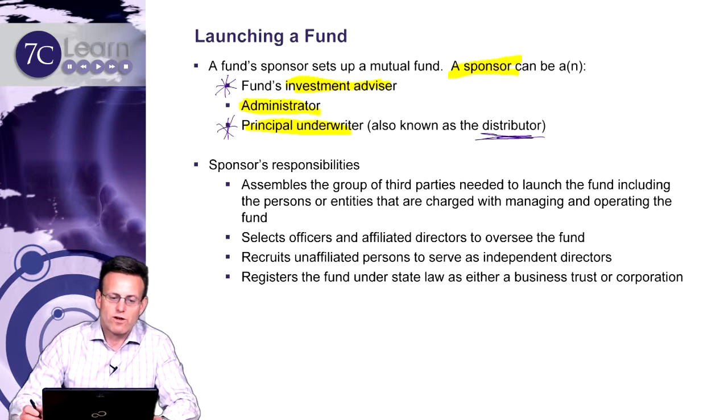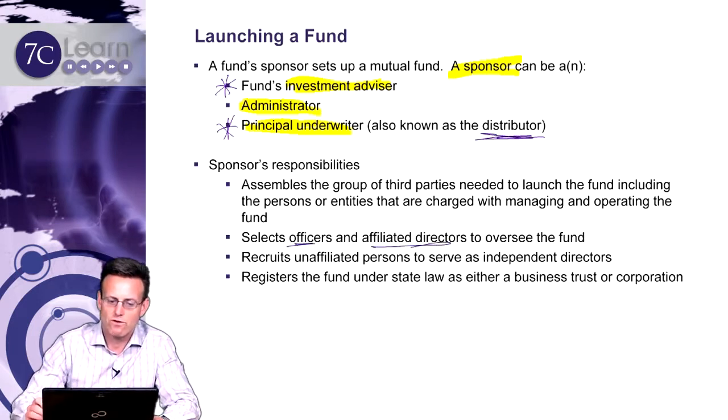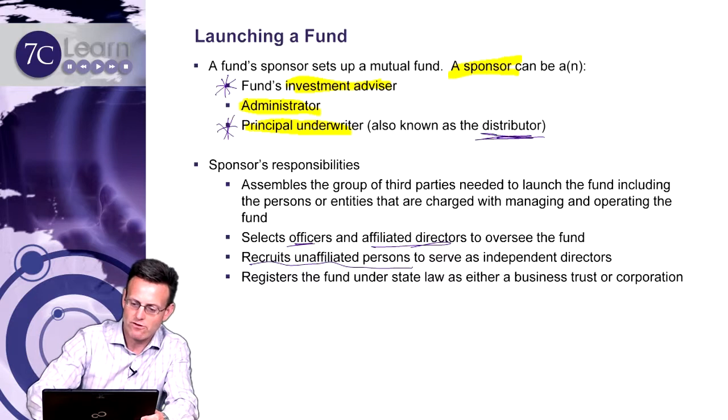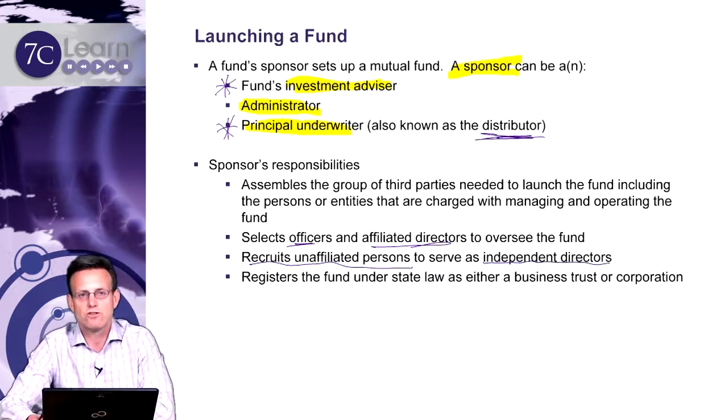So what is the sponsor's responsibility? Basically, they get the investment advisor, and they put together the officers and directors to oversee the fund. They also recruit the unaffiliated independent directors. Okay, this is a required role: you have people who are not associated with the sponsor on the board of trustees for the fund.